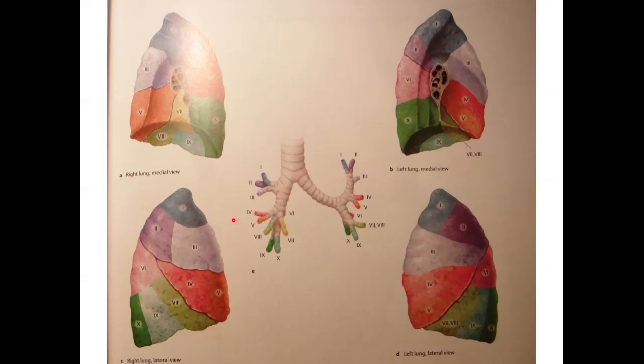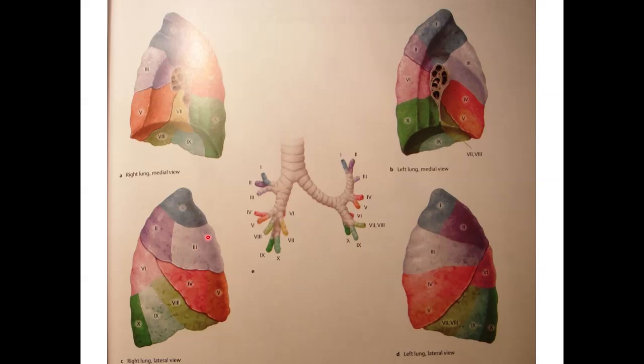Then, it is very important to distinguish the segments number 4 and number 5. In the left lung, they are arranged superior and inferior to each other, and in the right lung, laterally and medially to each other.